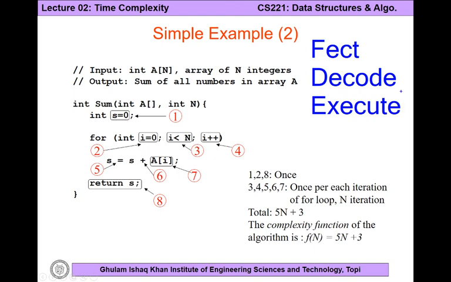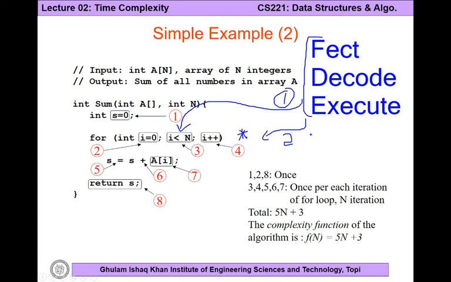Now each operation requires a different number of fetch, decode and execute cycles, right? For example, again I cannot exactly recall, this logical operation may require 1 fetch, decode and execute cycle. If there were a multiplication operation, then that would require maybe 2 fetch, decode and execute cycles on the processor itself.